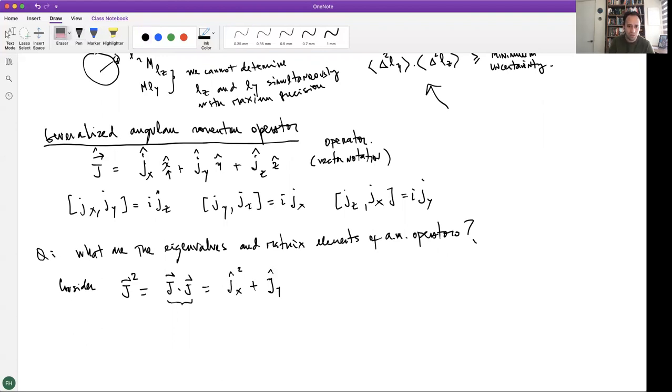Now that we all understand that these are operators, let me drop the hats and just write it this way. It's much simpler.